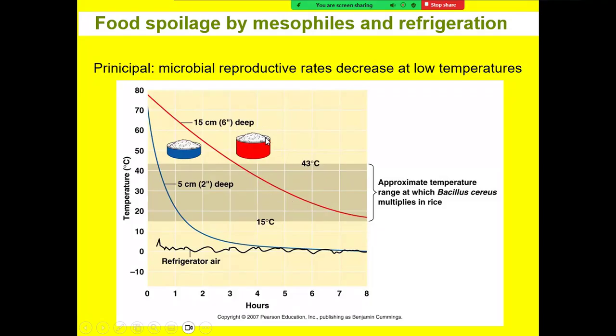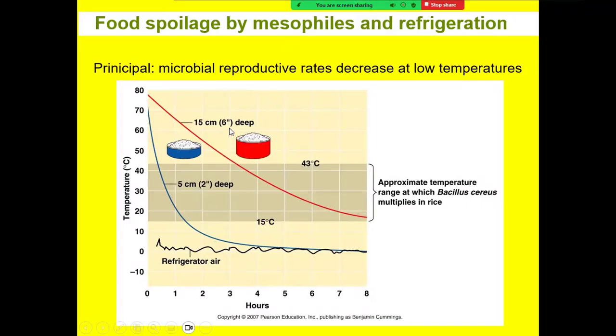And so if you put it in the refrigerator in a large batch and it takes more than 4 hours to go from 40 degrees to about 15 or 17 degrees, then it's in too large of a batch, and the toxins can be made, so you shouldn't eat that rice.